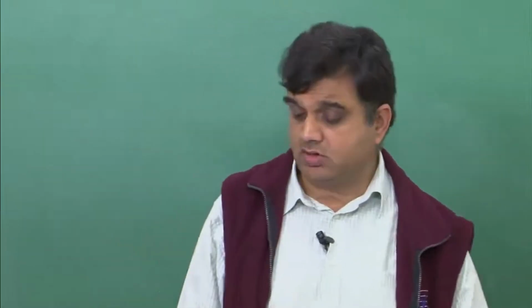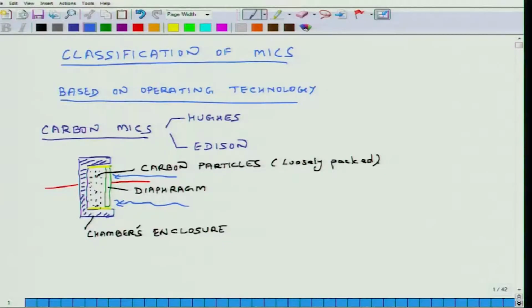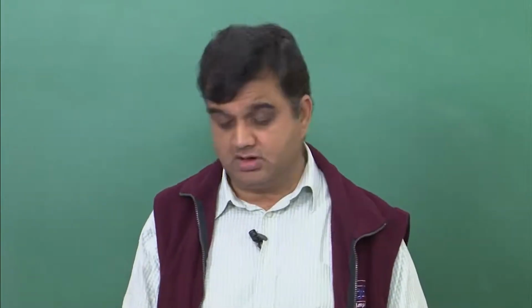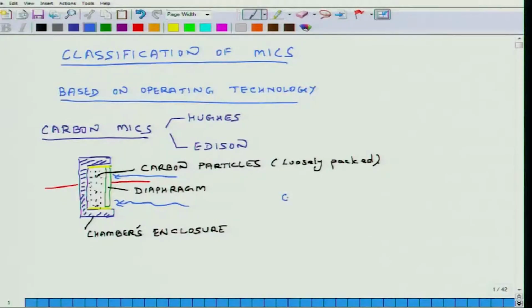So the resistance modulates, so the current which flows through this whole setup also changes. You sense the change in resistance, either through sensing current or the voltage difference across it, and that you convert into SPL.